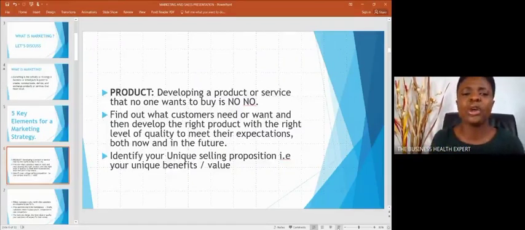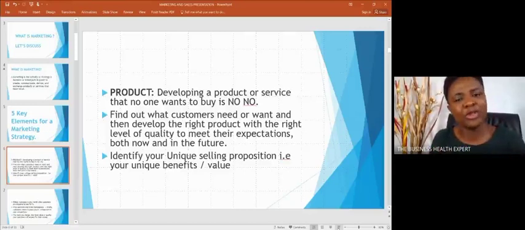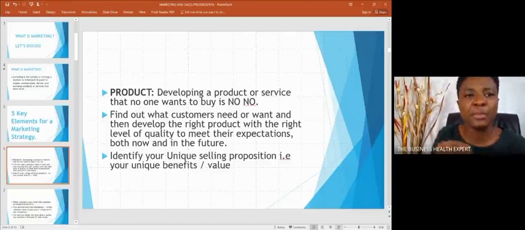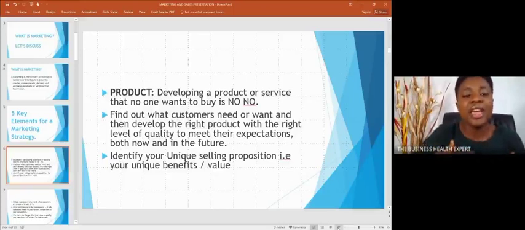And how do you discover what people want to buy? Of course, it must be a solution to their pain points. It must be solving their problem. People will not reach out to you if it is not solving a need, if it's not meeting a particular pain or need in their life.